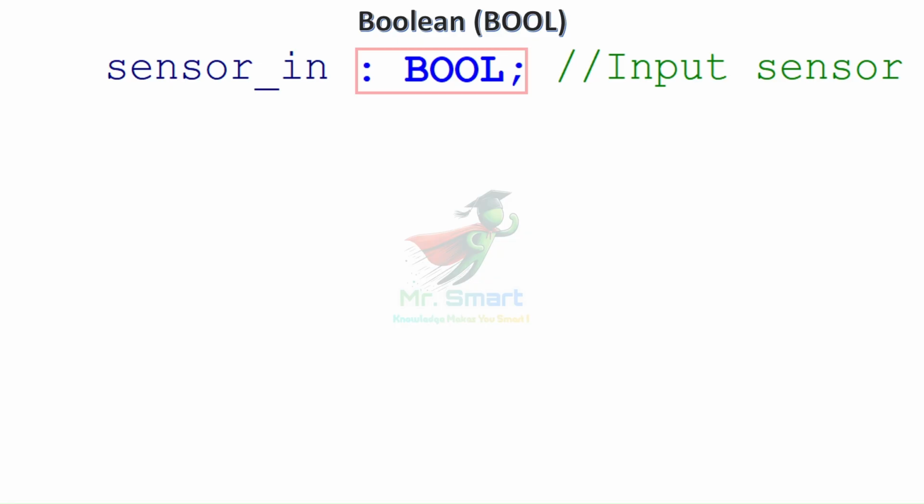So now let's go through the most important data types used in structured text. The first and simplest data type is BOOL. BOOL stands for Boolean. A Boolean variable can only have two values: true or false. In electrical terms, you can imagine this like a digital signal, on or off, 1 or 0.